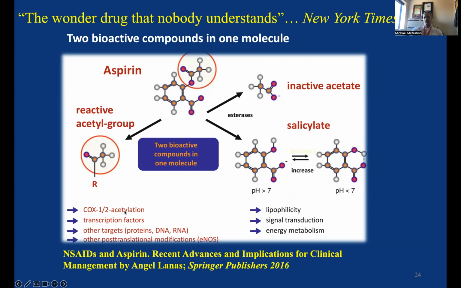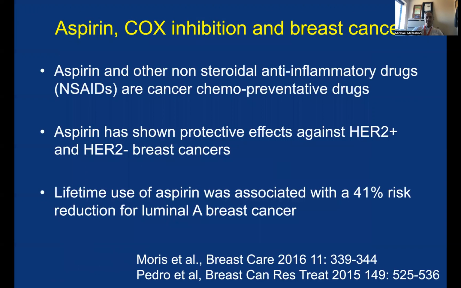And this is interesting because aspirin acetylates COX-1 and COX-2 enzymes, and that's part of its mode of action. It also acetylates transcription factors and other targets too. And so it was particularly interesting to have a probe of aspirin metabolism using a new imaging contrast.